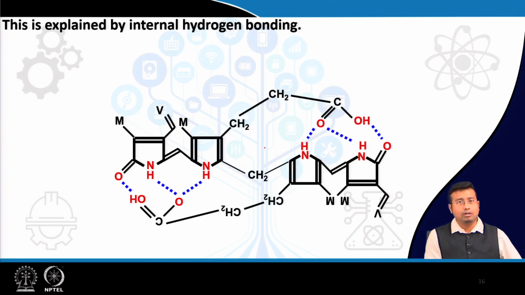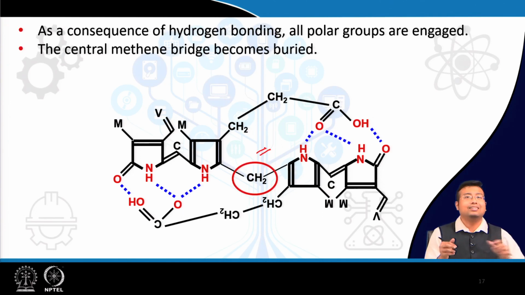I hope you have understood. Please note, you do not need to remember all these structures, just for a conceptual understanding of why free bilirubin is not soluble in water. You can simply answer that it is due to the presence of intramolecular hydrogen bonding. Number 1, the central methane bridge will be buried, and there will be no free polar group to interact with any polar solvent, right.